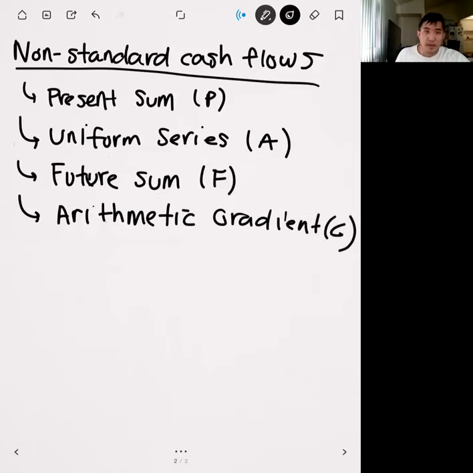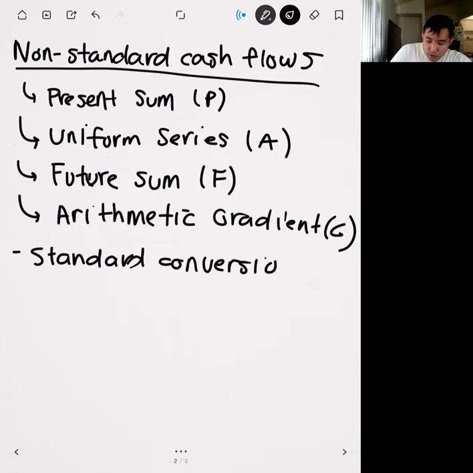All of these have what I call standard forms in which they normally behave. When you're converting between equivalent cash flows in their standard forms, it's usually pretty simple. A standard conversion will usually only take 1 step.